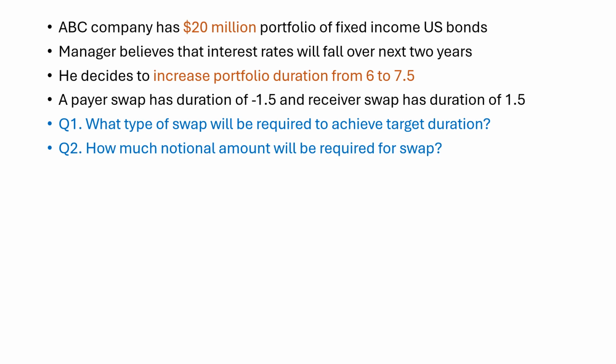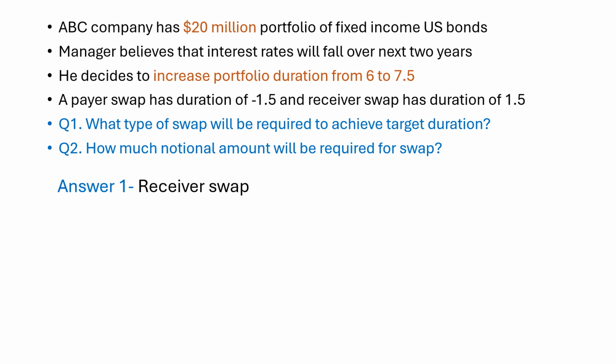Now let's think. The manager wants to increase the portfolio duration. That can be achieved using what? A negative duration or a positive duration? We need positive duration, that is a receiver swap. So the answer to the first question is, we need a receiver swap to achieve the target duration.